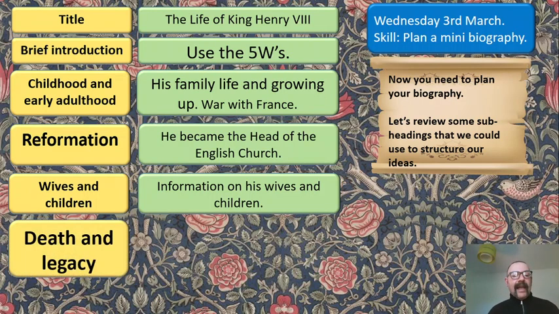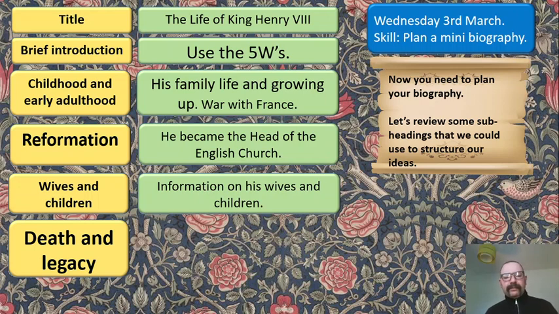So death and legacy. So death, how did he die? Okay, can you remember how he died? And what the state of his health was like at the time he died. Okay, was he still fit and healthy and charging around on his horse? Or what had happened to his health?